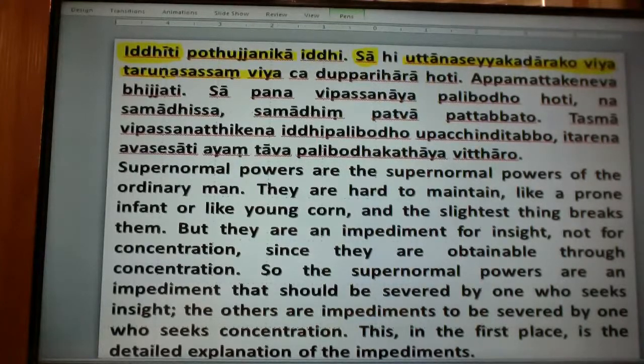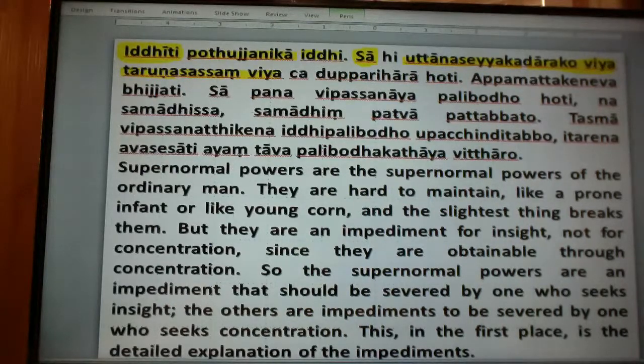Taruna Sassaviya. Taruna means very young. Sassa is a kind of plant, like paddy rice or corn, that produces rice.